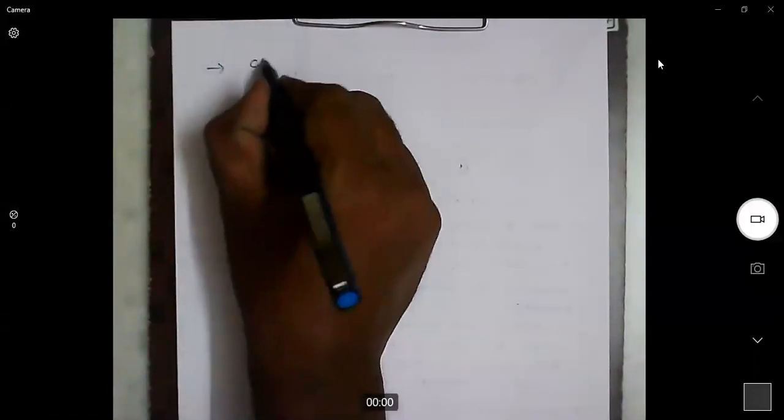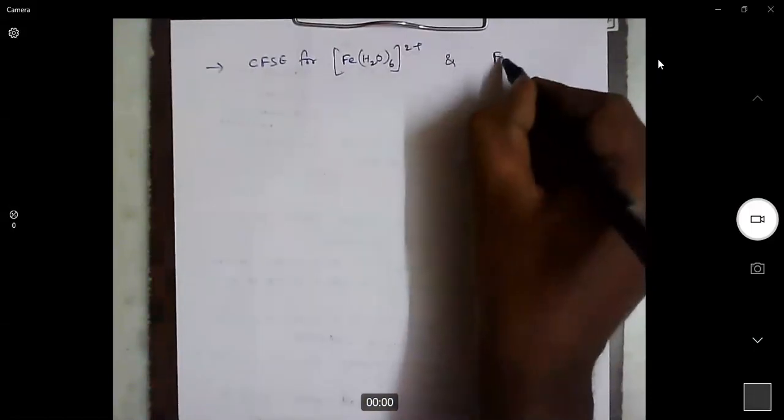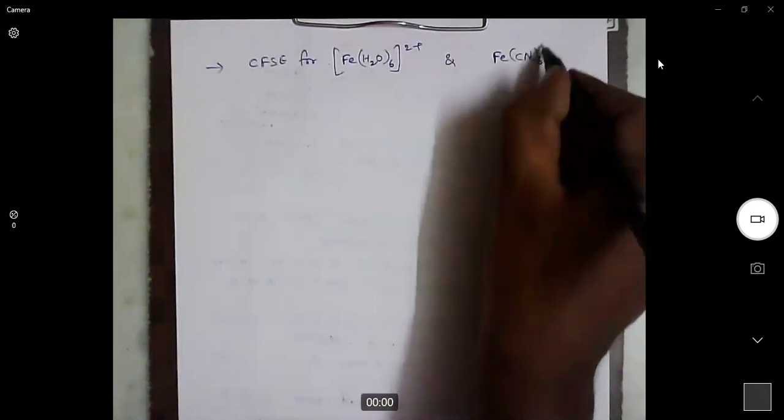Calculate the CFSE for Fe(H2O)6 2+ and Fe(CN)6 4-.